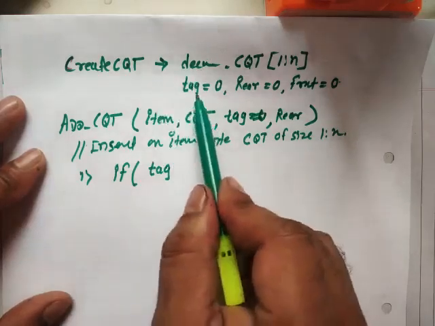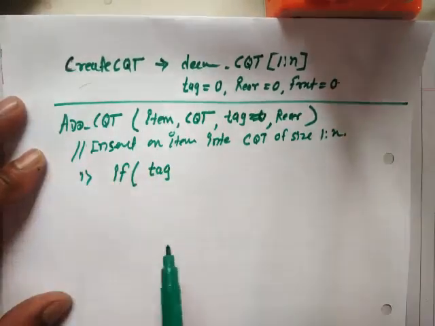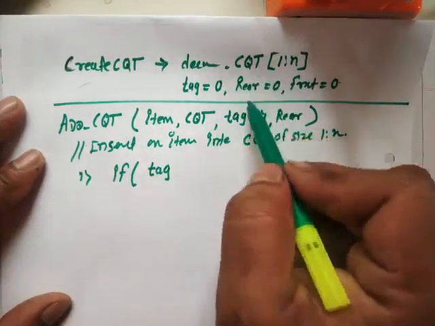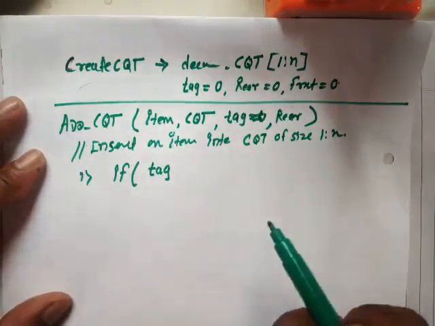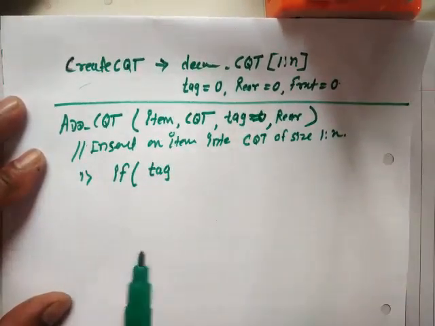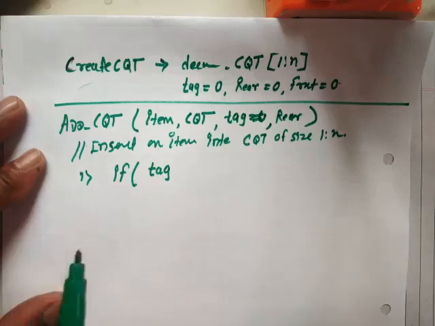In the create algorithm, we initialized tag to 0, rear to 0 and front to 0. That means we just created our array and initialized these variables. So when we just created our array, the queue is in the empty condition.